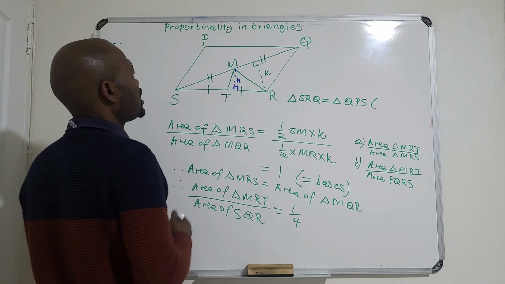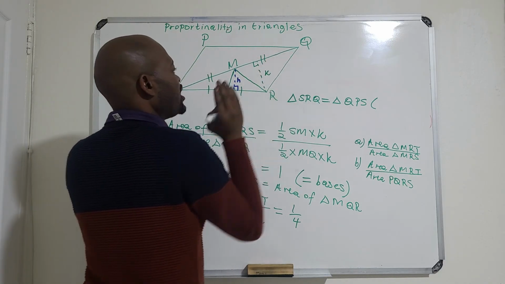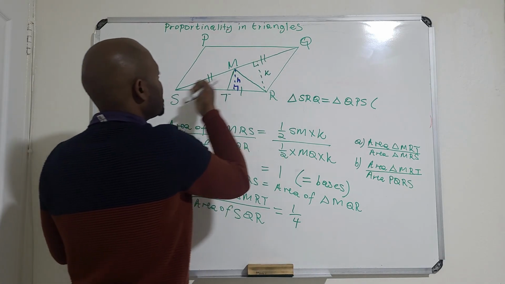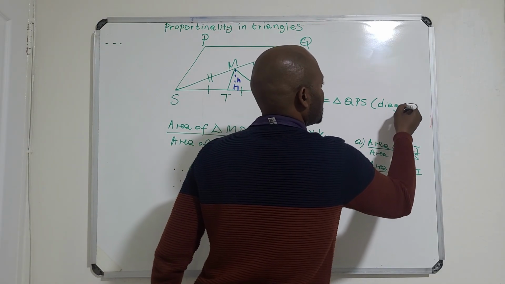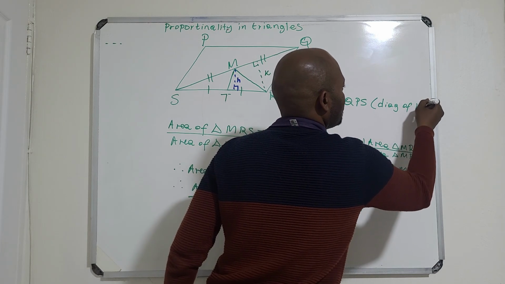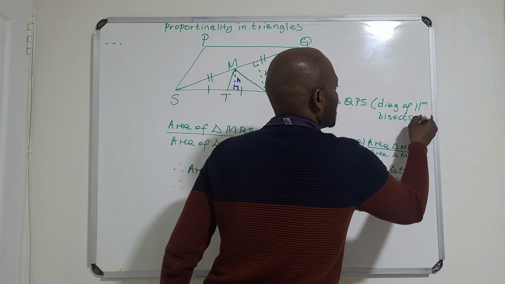Why is that? Diagonals of a parallelogram bisect the parallelogram.